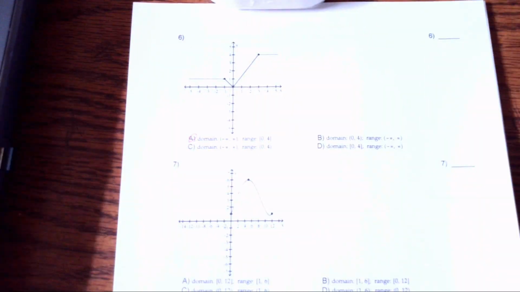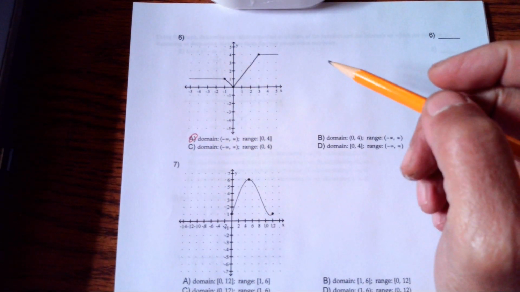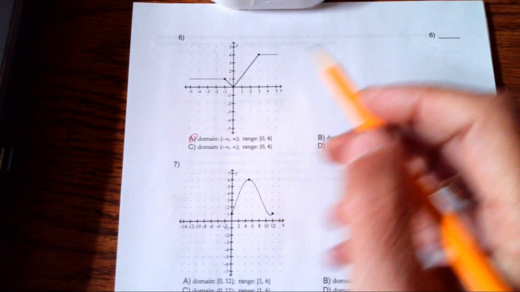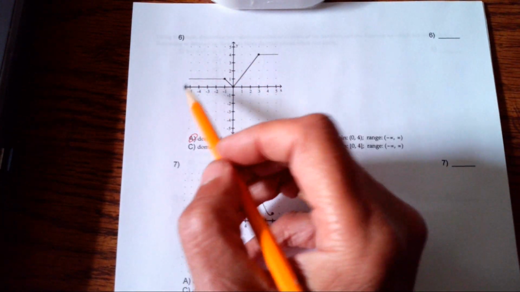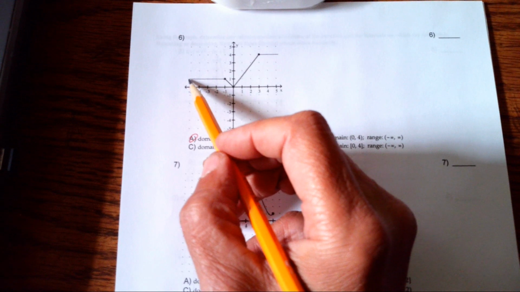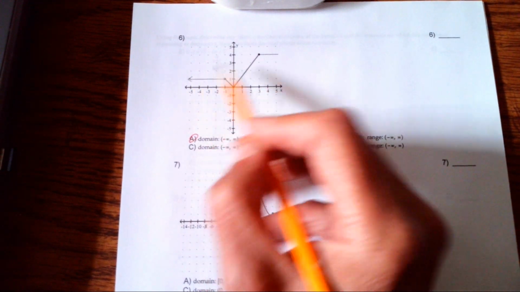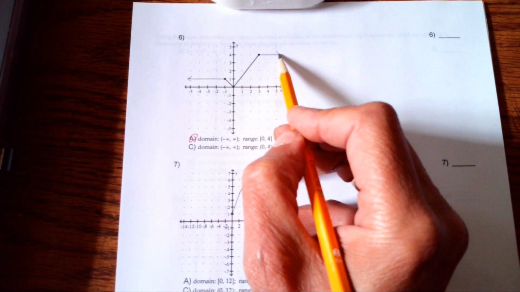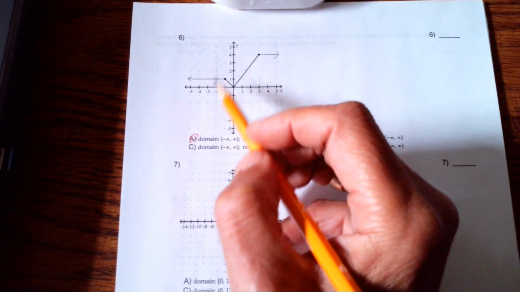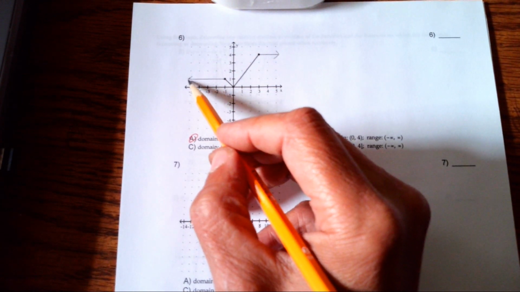Notice number 6, I've already circled the answer, but looking at this, why is it letter A? Usually you're used to seeing arrows here, but the software doesn't do that. If this was stopping at -5, you would have a dot here.